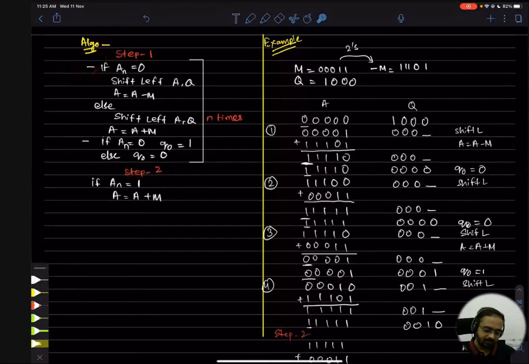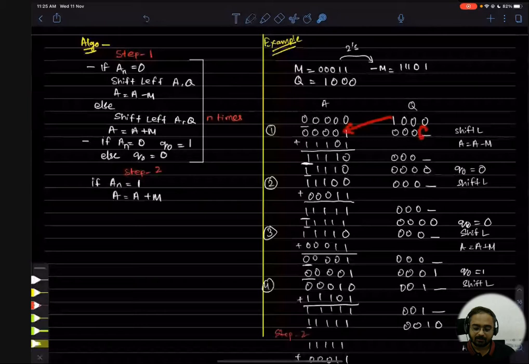When the A n bit is 0, we have to shift left and do the minus operation. So shift left A and Q. Whenever we shift left A and Q, this will come here and there will be a gap here.